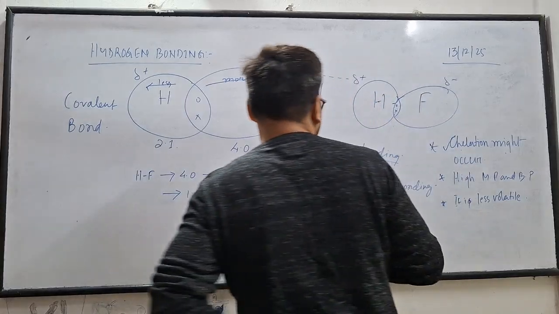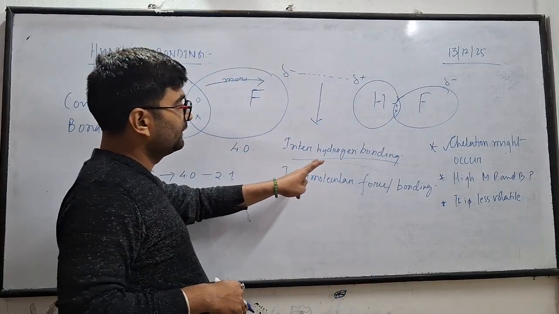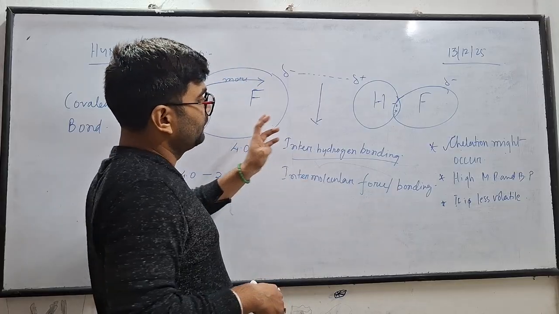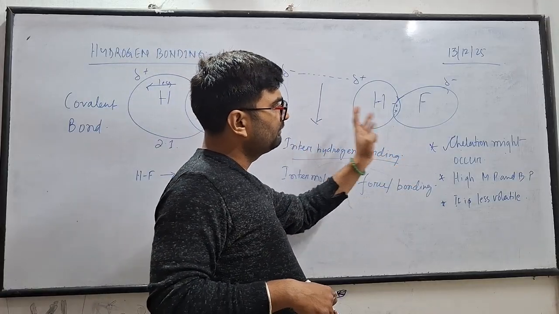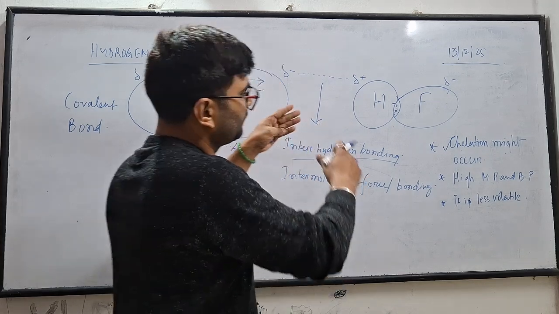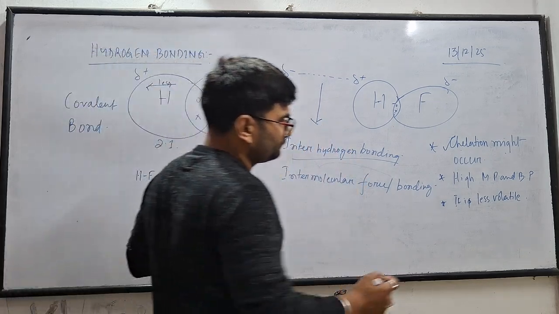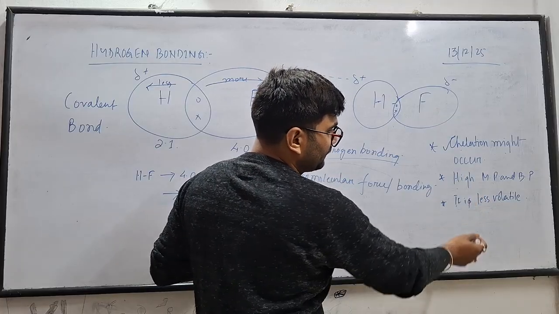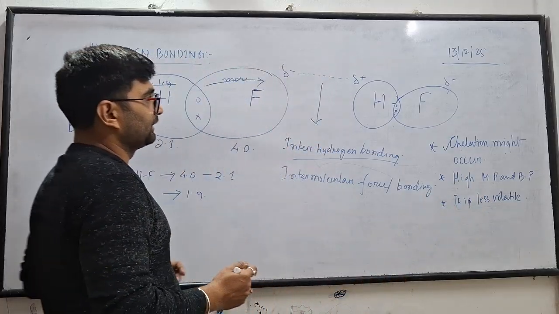Here I can say that in case of intermolecular force or intermolecular hydrogen bonding, chelation might occur. Maybe it can form a molecule if I can show it here. Another, it has a high melting and boiling point and it is less volatile.